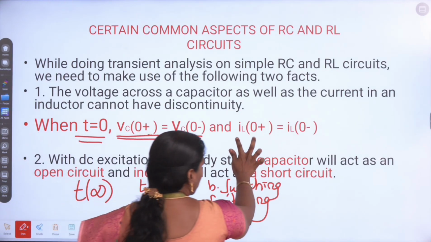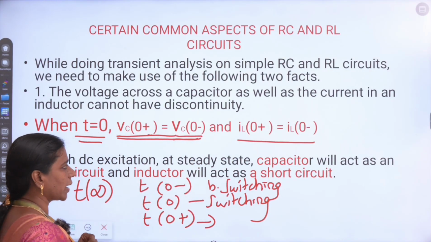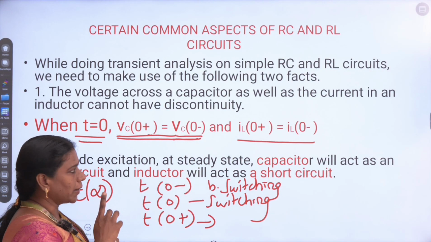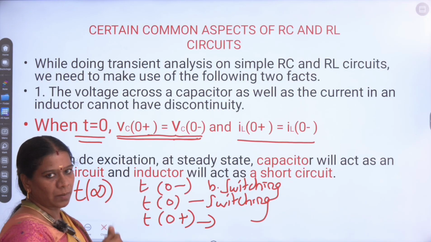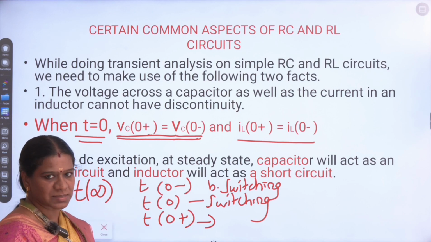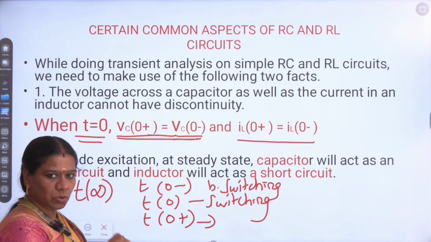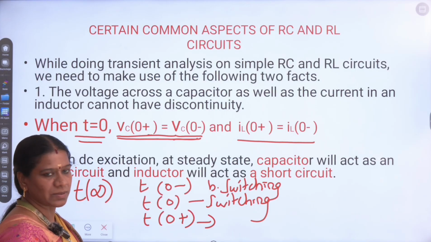And now we talk about the inductor. In case of the inductor, we consider the current. The current passing through the inductor before switching will be equal to the current passing through the inductor after switching. So we have to surely consider the current passing through the inductor before switching in the response. That is very important.